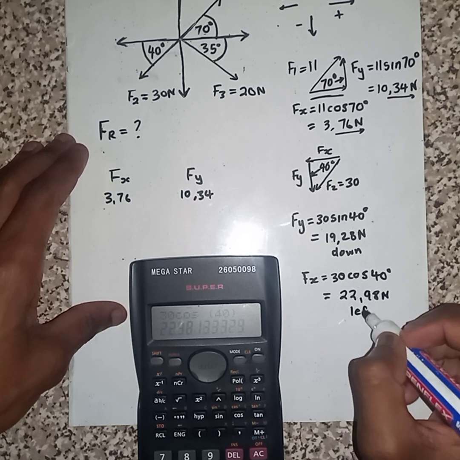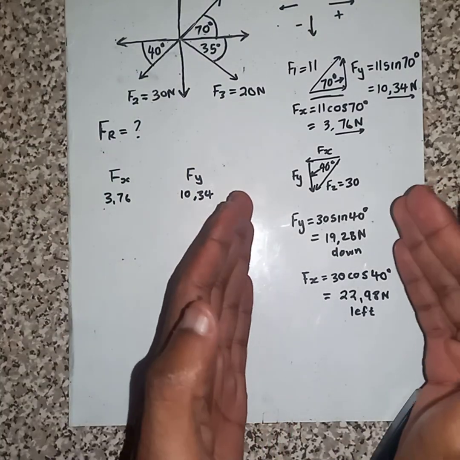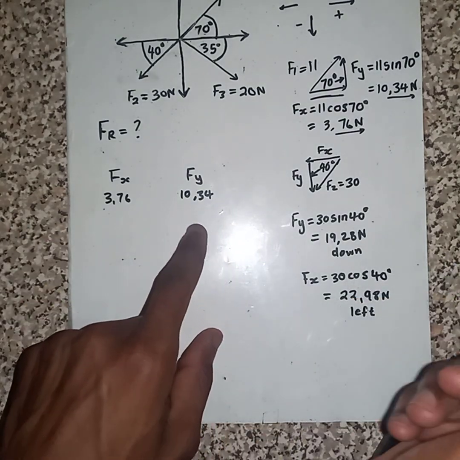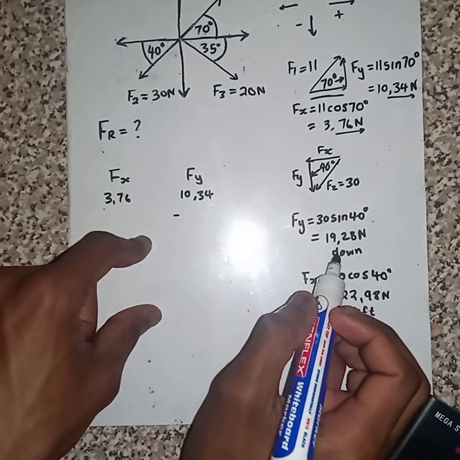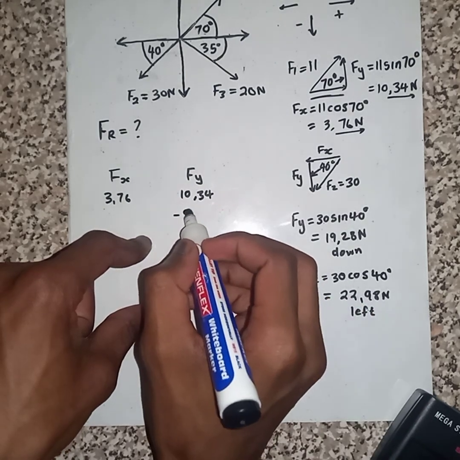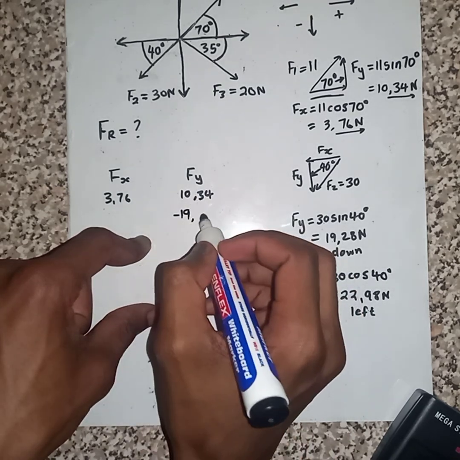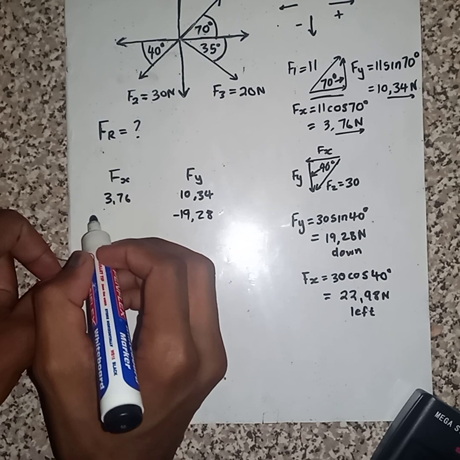In which direction? Left. Now let us take our information and place it there. For y, we got 19.28, which is going to be negative because we said down.